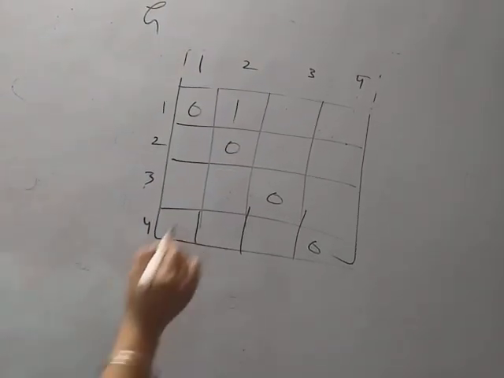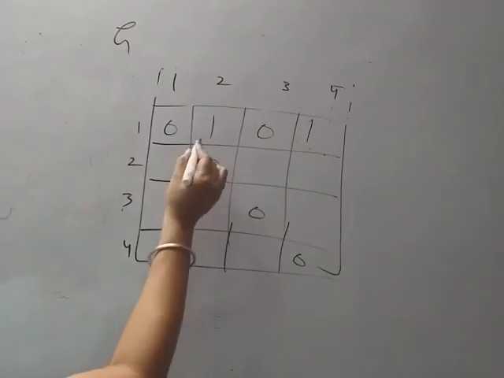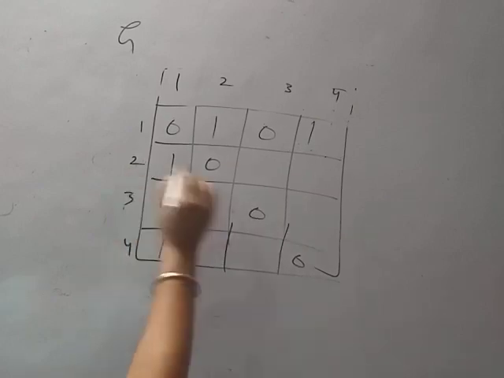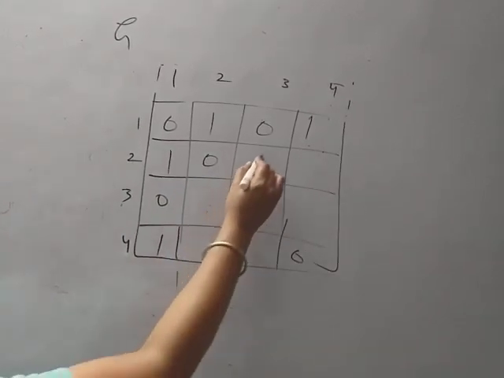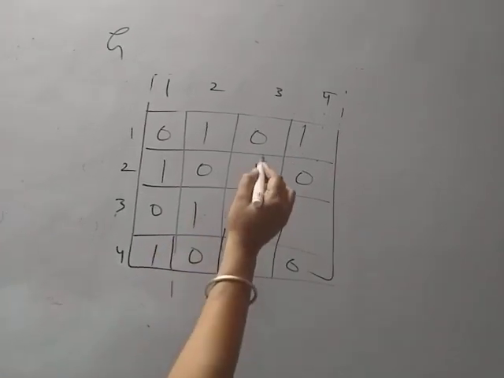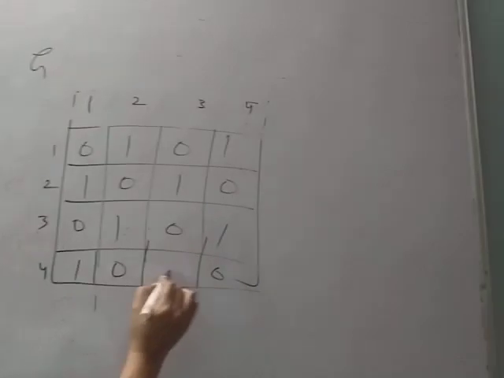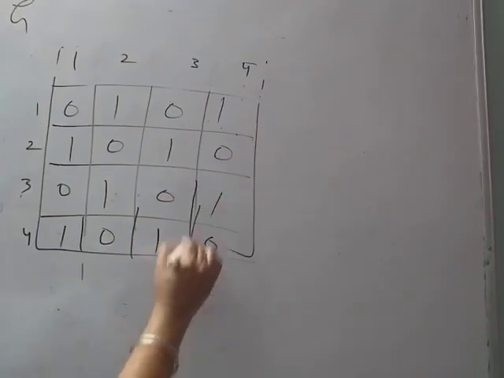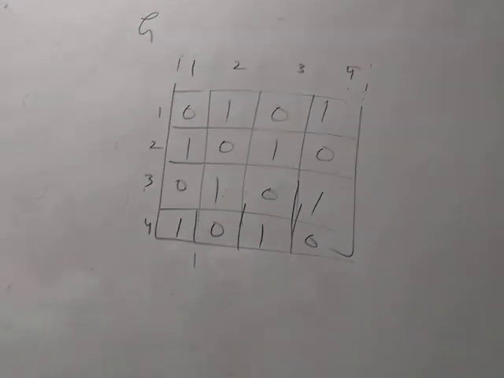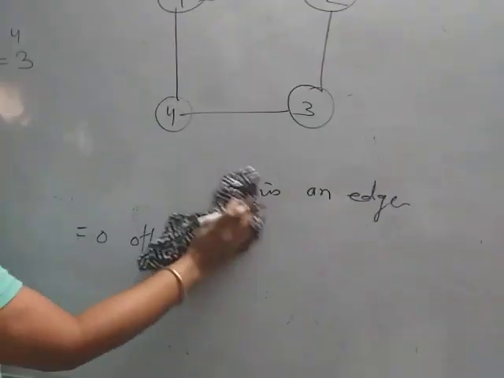There is no edge between 1 and 3, that is 0. 1 to 4 is 1. Then for 2: 1, 0, 1 since 2 to 3 is 1 and 2 to 4 is 0. For 3 to 4, it is 1, and this is 1. This is the adjacency matrix for this graph. So here we store the graph using an adjacency matrix.